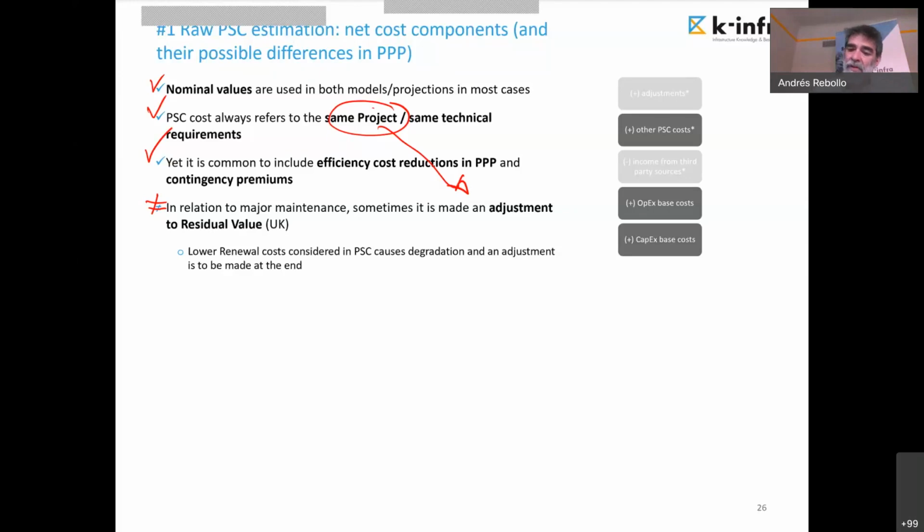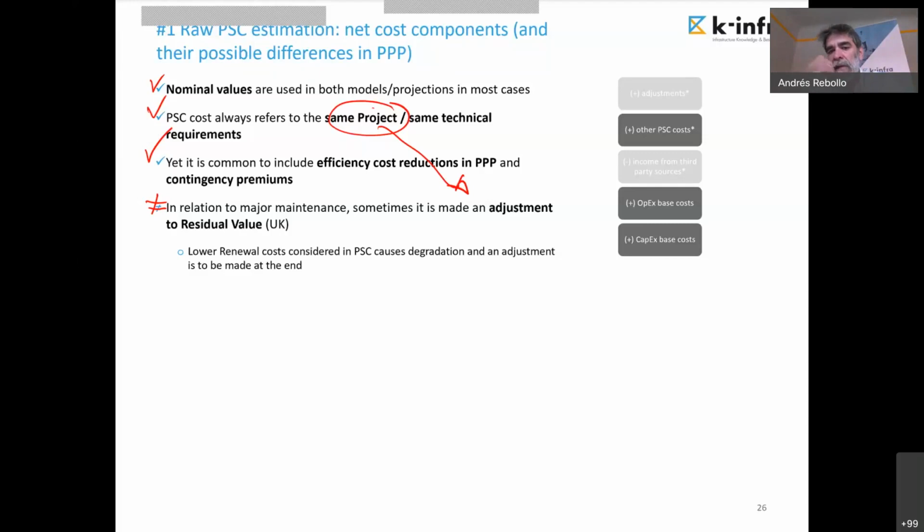And if I miss some renewals, or let's say I only do 60% of what I should do every 6 or 7 years in major maintenance, what is the conclusion of that? The conclusion is deterioration. Everybody knows that if you don't maintain properly, it's not that after the 20 years of the period you need to put the money that you didn't put. You need to put the money that you didn't put multiplied by a number of times.